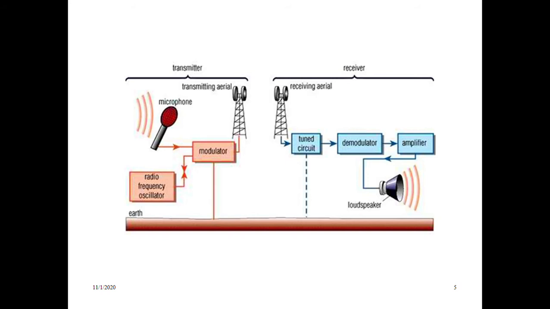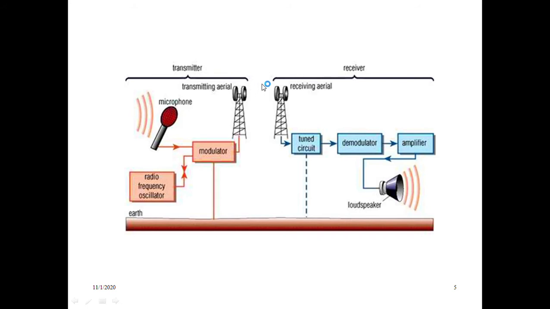For example, you have your voice here via microphone. You need to modulate it to be able to be transmitted by the transmitting area. The modulator will be helped by an oscillator. The oscillator will generate a carrier here and process the signal with the carrier to be able to be transmitted through the antenna or aerial.